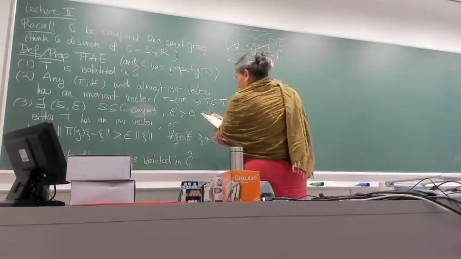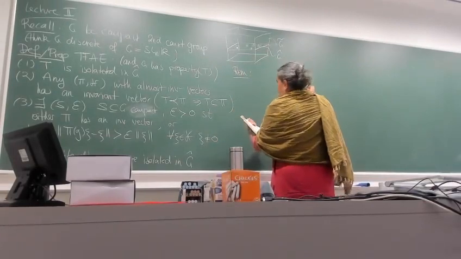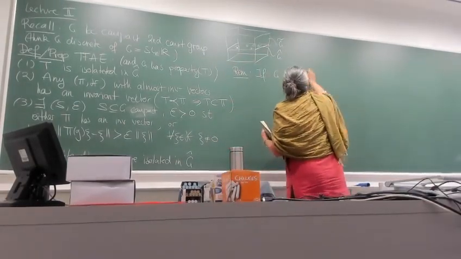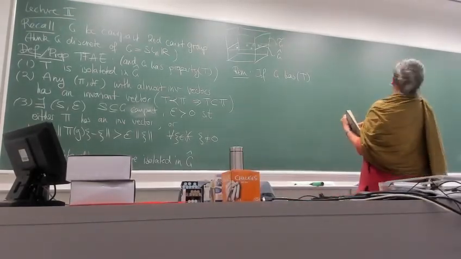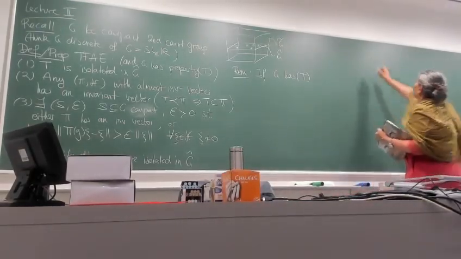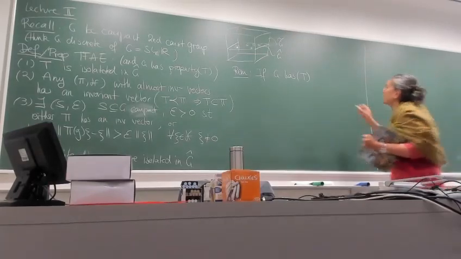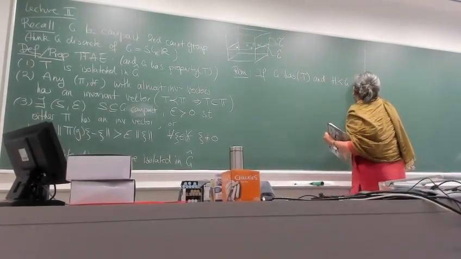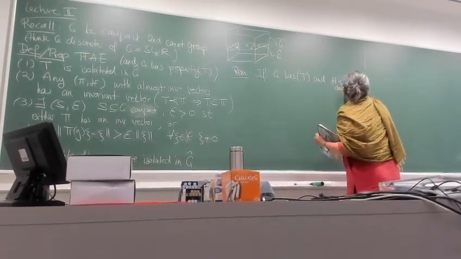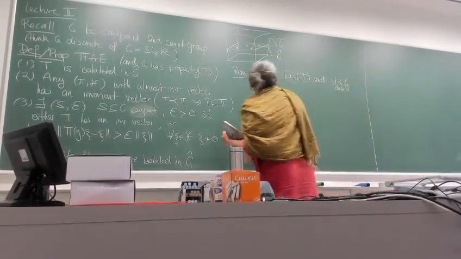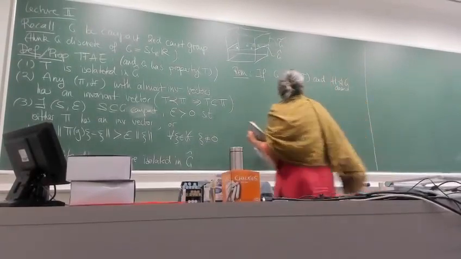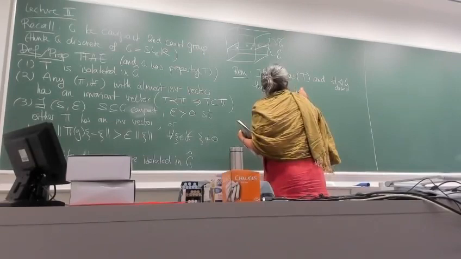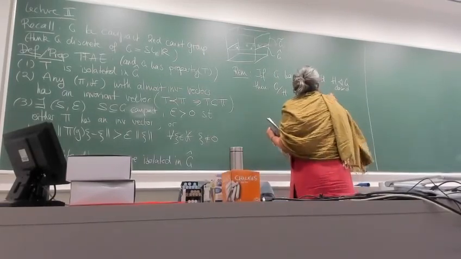But first a comment, which is that if G has T, and I should have a better spacing of what I'm doing, if G has T and H is a closed normal subgroup, then G mod H has T as well.